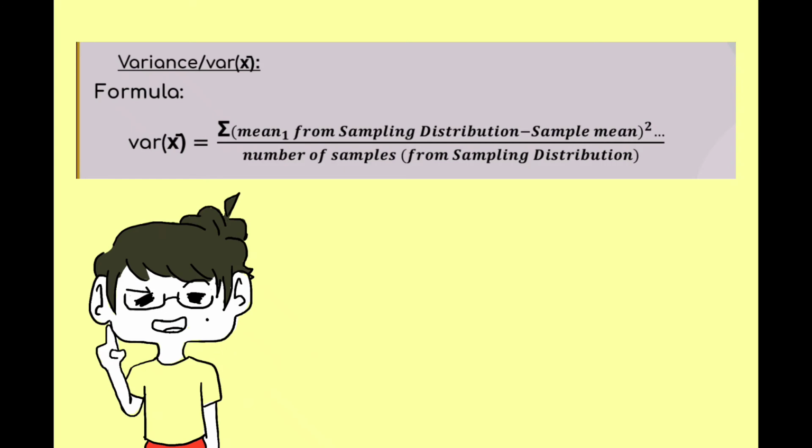So after you solve the mean sub 1, you go and change it to mean sub 2, and then you minus it to the sample mean again. So we have like 16 means, so you have to repeat that like 16 times. Yeah, and don't forget to square them because I usually forget to square them.